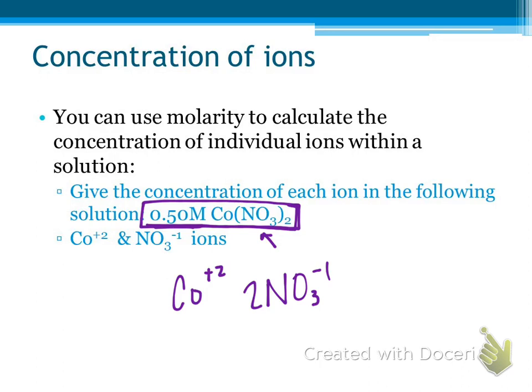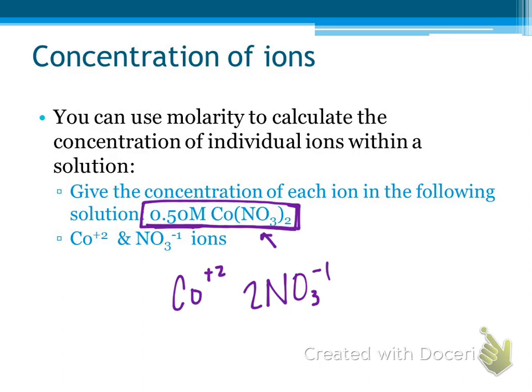When I put these into water, and it separates, it ionizes. That leaves me with a cobalt ion that has a plus 2 charge, and it leaves me with 2 nitrate ions, because I've got that 2 right there. Does that part make sense? Give me a yes or a no. When I put it into water, it splits: 1 cobalt, 2 nitrates.